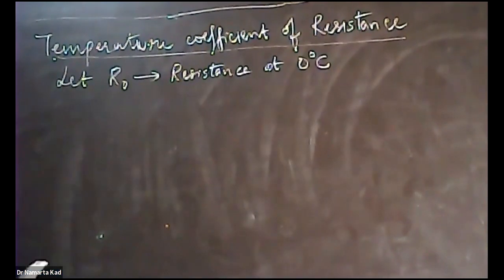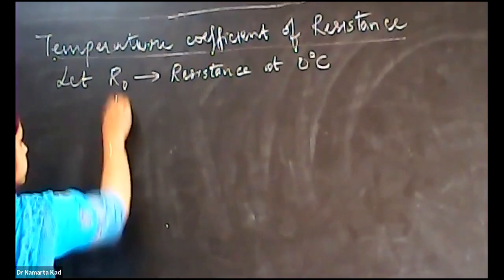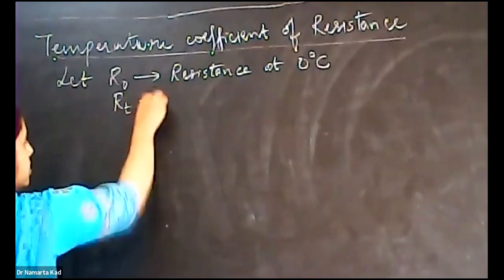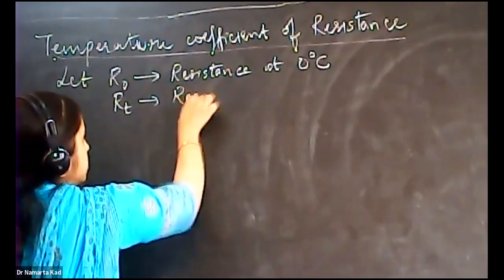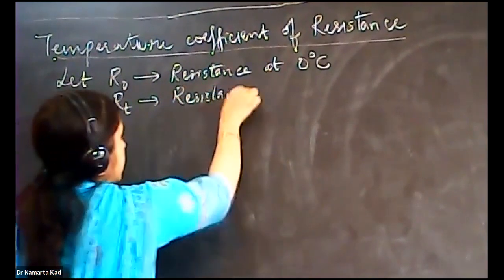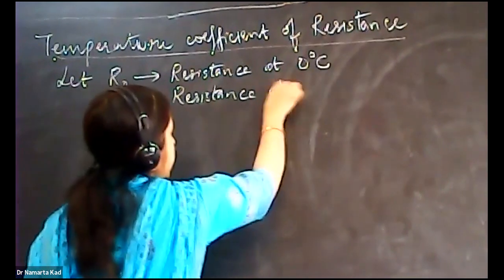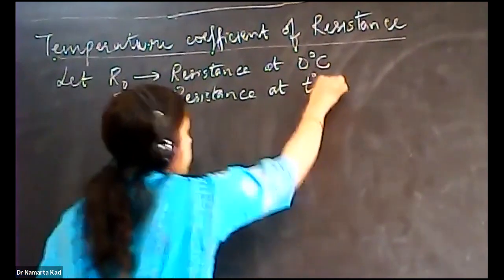Let R naught be the resistance of any material, कोई भी material हो सकता है. Let R naught be the resistance of any material at 0 degree C, and RT is the resistance of the same material at T degrees.